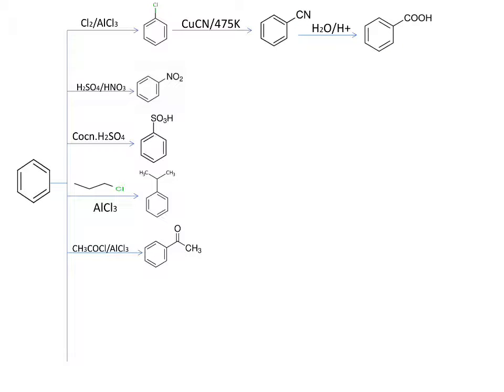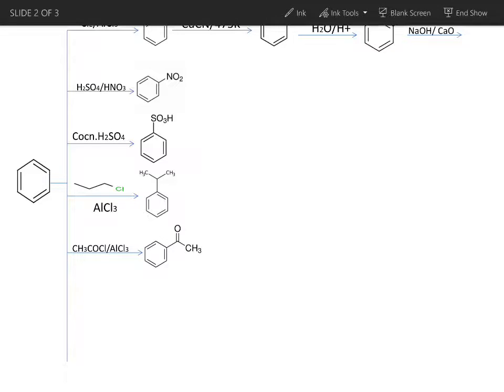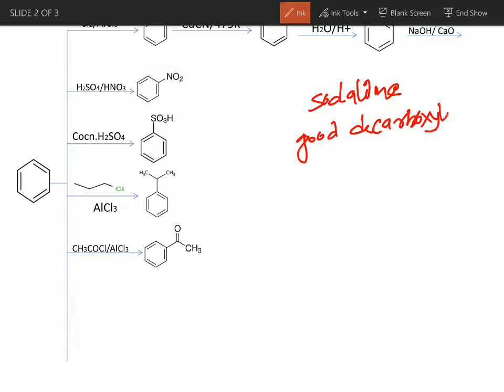Now this benzoic acid is further reacted with a mixture of sodium hydroxide and calcium oxide. A mixture of sodium hydroxide and calcium oxide is called soda lime. Soda lime is a good decarboxylating agent.